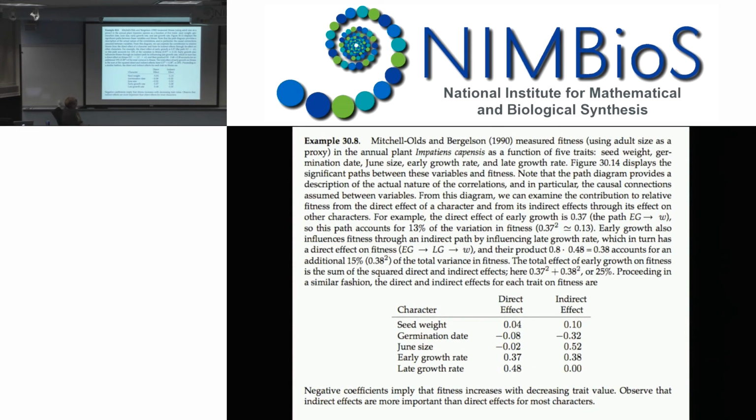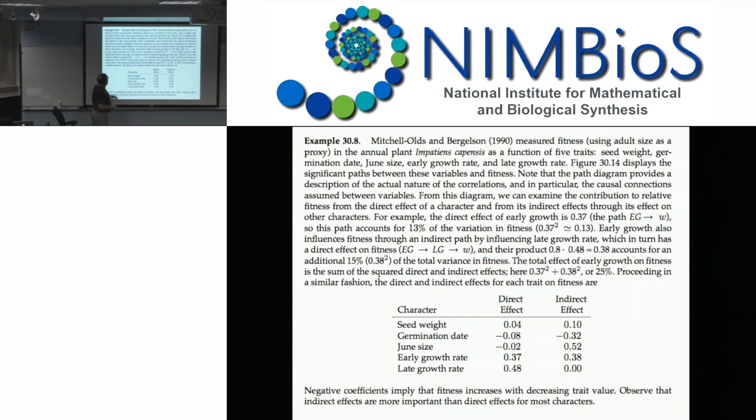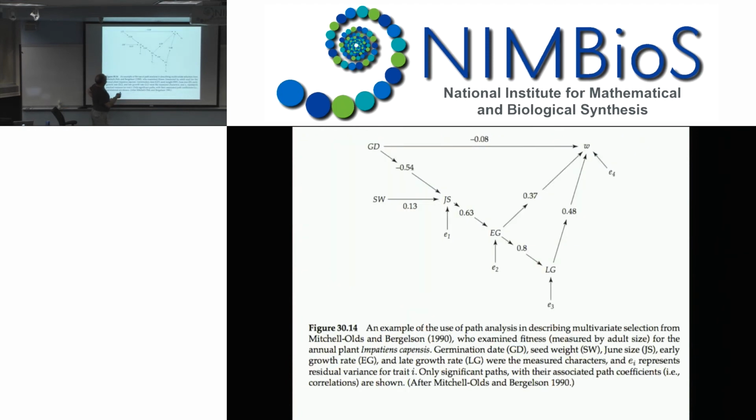So here's an example. If you look at seed weight, there's seed weight there. It turns out that there's actually a weak path that's not included in the model. Why? It's not significant. But seed weight has a path that's about 4%, but it also has a path which is that times that, and a path which is that times that times that, which is getting you there.